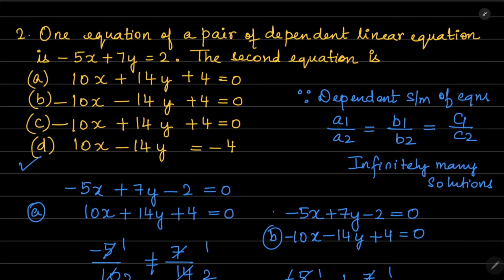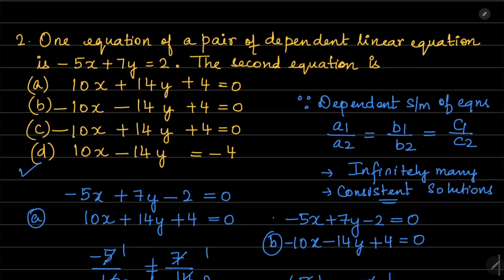This is what has to be satisfied in order for the system to be dependent. If the system of equations is dependent, what should you remember? It means the pair will have infinitely many solutions, and regarding consistency, yes, the system will be consistent. So this is option number D.